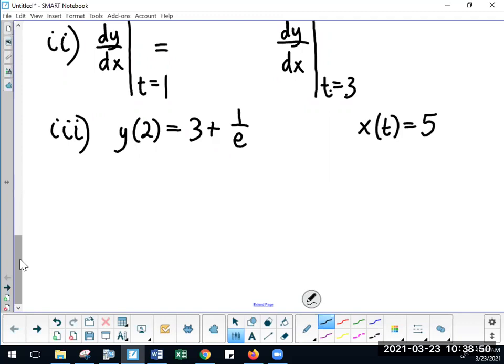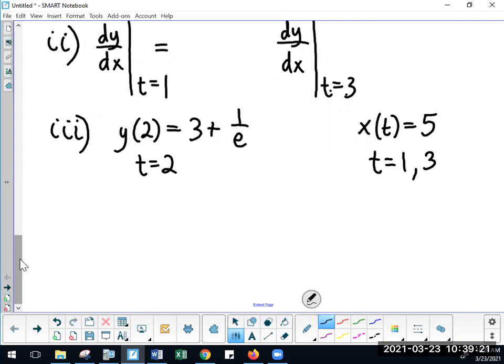We would like to know the y value when x of t is 5. How can we make that happen? Because this one here is when t equals 2, right? That's not what we want. Because we have 1 and 3 for that. So we can't just do that.